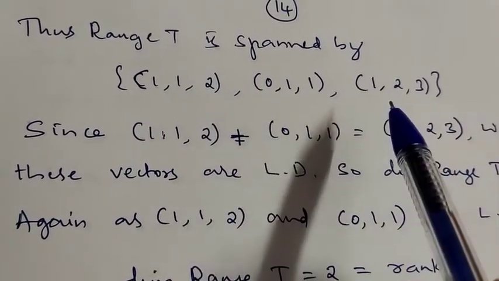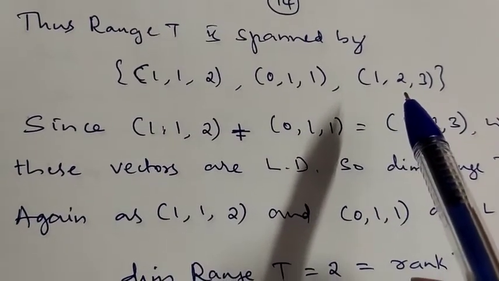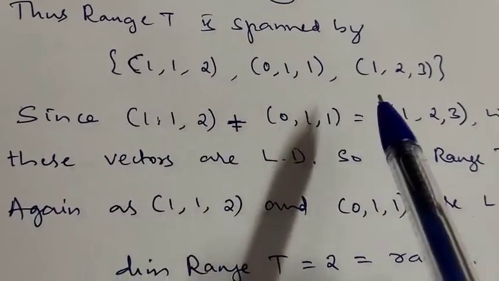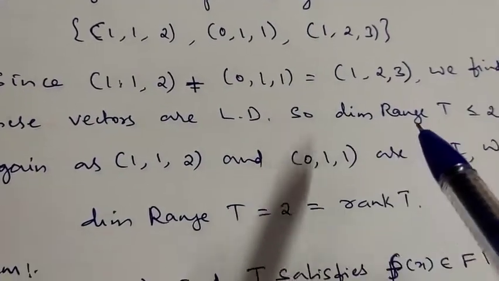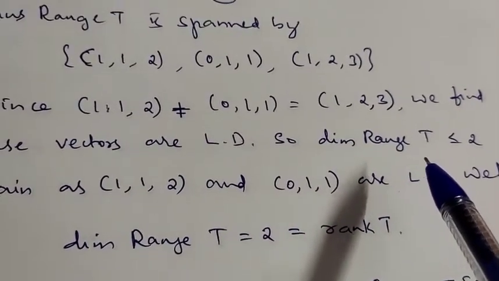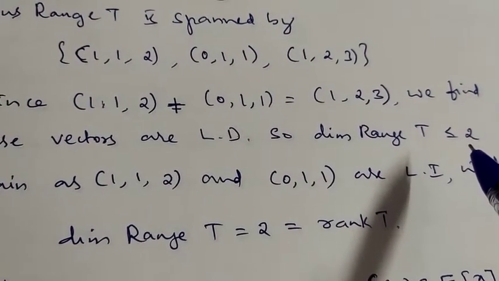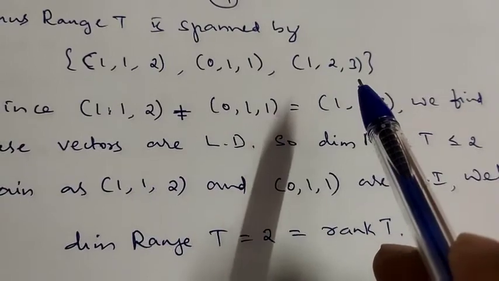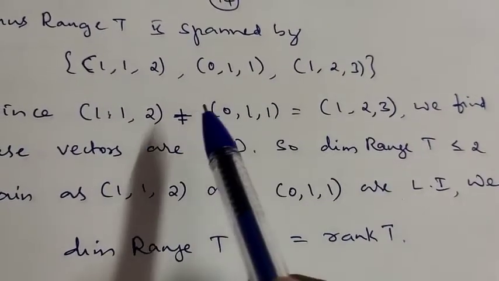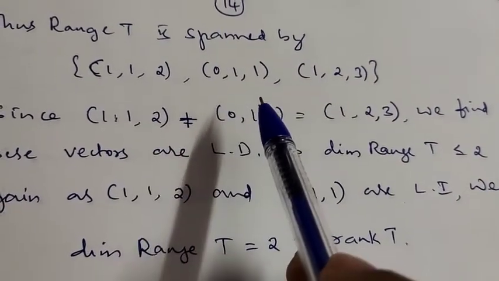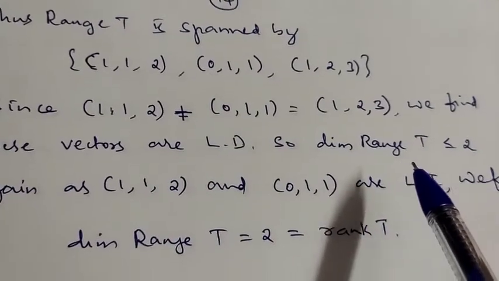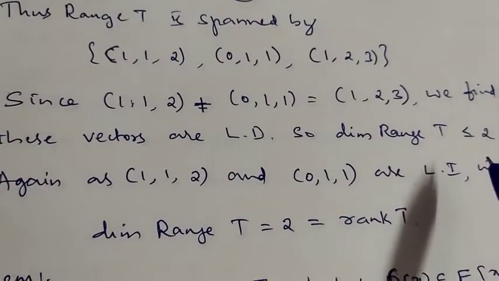They span the range of T, but they are linearly dependent. So the dimension of the range of T is less than or equal to 2, because one vector depends on the previous two as their linear sum. Therefore the dimension of the range of T is at most 2.